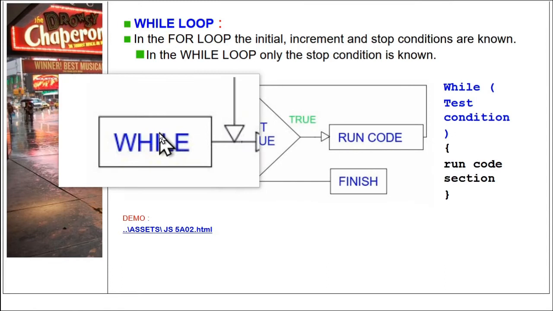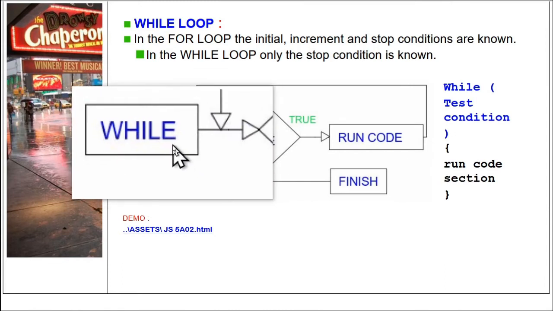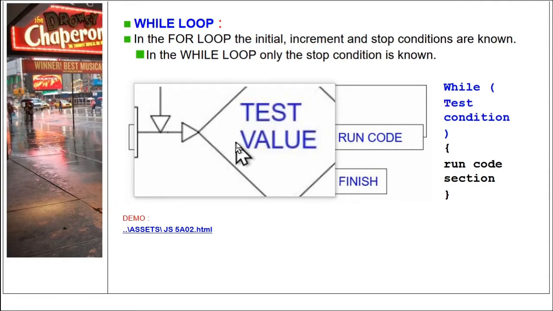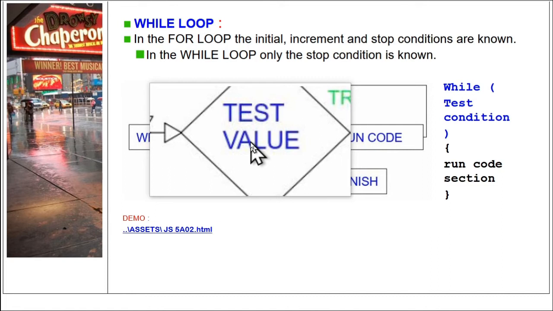So before you run the while loop, you have to set the value of x, or your test condition, to whatever you want it to be. So you would set x equals 1. You have to run an extra line of code before you run the while loop. Otherwise your test value hasn't been set.